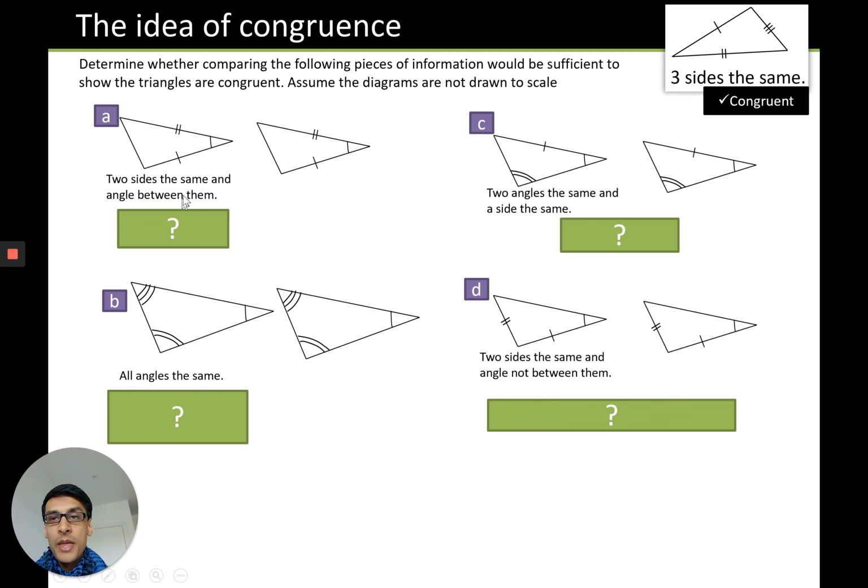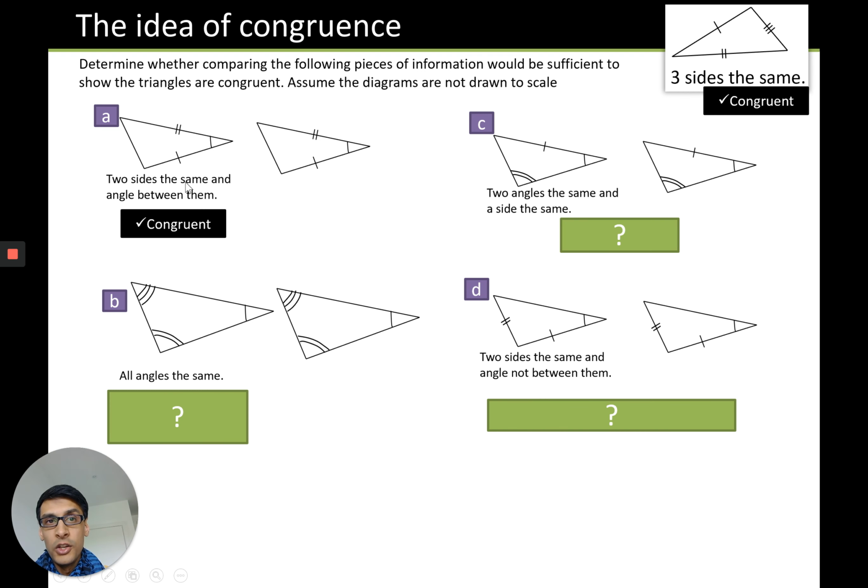Does it mean that they are congruent to each other? Well, if you think about the third length, which we don't know, it's not possible to change that length. If those two other lengths are fixed and the angle is fixed, the third length has to be the same, which means that they have to be congruent. So we've just found out that the side, the angle, and the side, if they match, then the triangles are congruent.